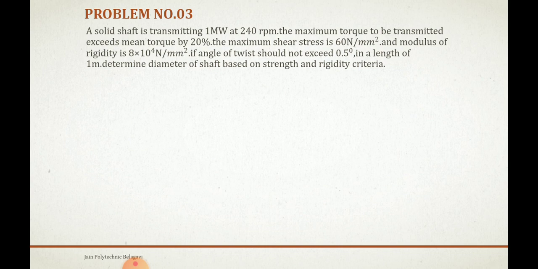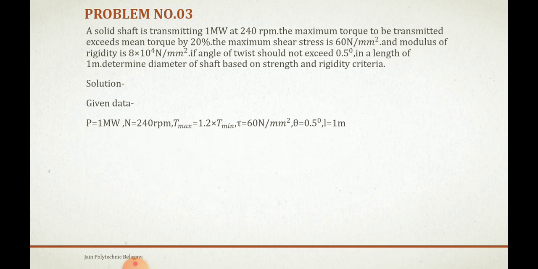Now the difference between the previous problems and this problem is you have to find the value of D, that is the diameter, two times. First we use the strength criteria, and secondly the rigidity criteria, to calculate the diameter. As usual, start with the given data.